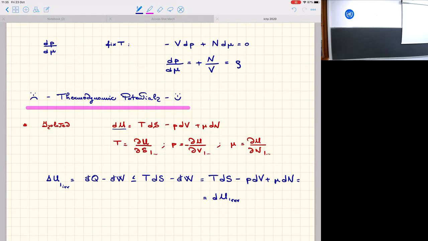Which means the following: if I do a transformation in which I keep fixed the entropy, the volume and the number of particles in my system, then what I know is that dU in general is smaller or equal to 0, it is diminishing, in an isolated system.